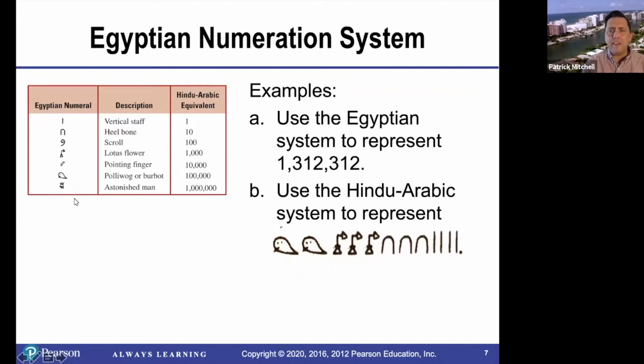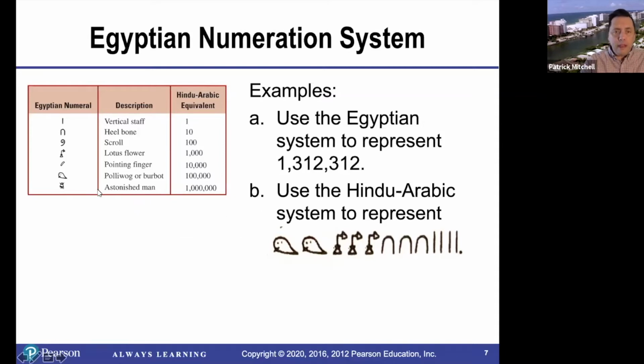And by the way, at least in my class, the numeration systems would always be open notes. You could have a sheet of paper that has all these symbols on it. That's totally fine. I kind of need that myself most of the time. But it is a pretty simple system.